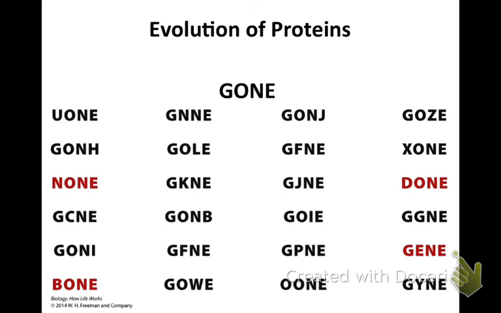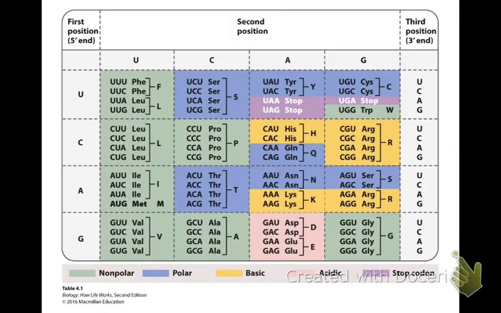Evolution of proteins. So here's where I told you, a change to the genetic code is a mutation. A mutation is a problem, or can be a problem, when you're supposed to have an amino acid in a specific position like phenylalanine, and because of the mutation, instead you get something like isoleucine.